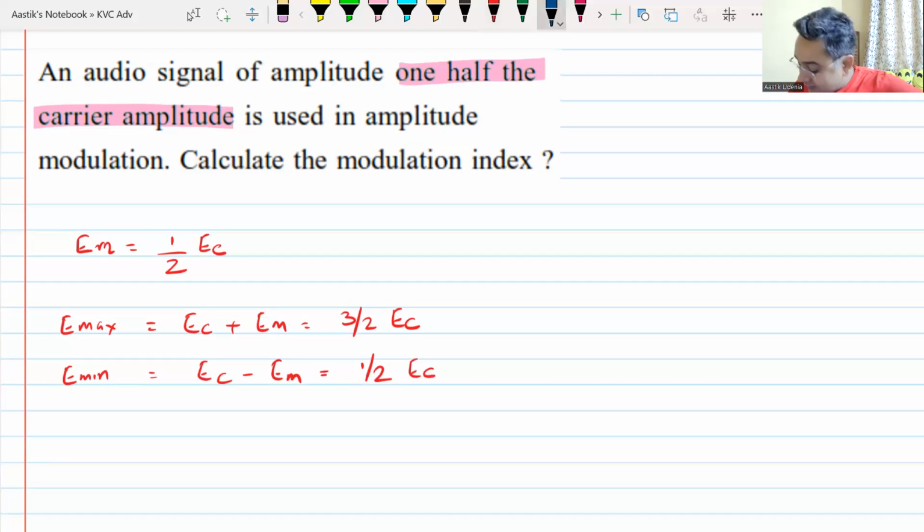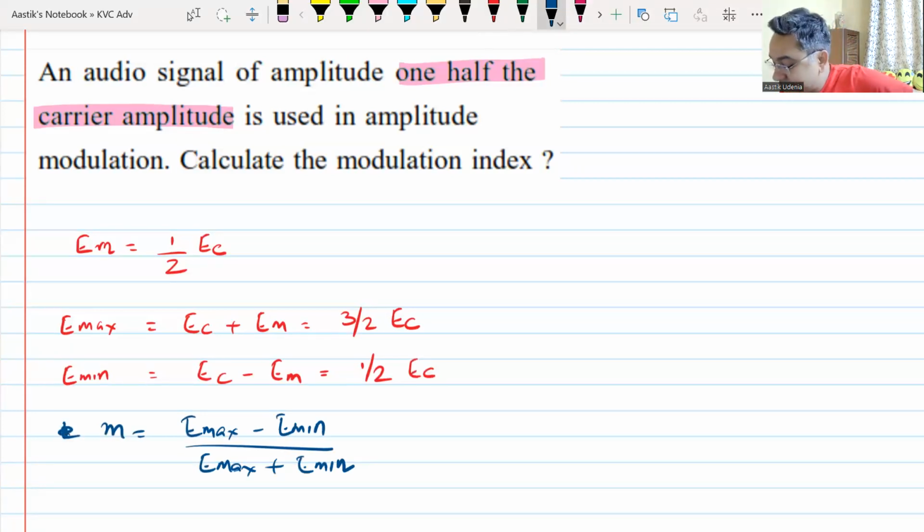The modulation index M is given as E max minus E min divided by E max plus E min. Yes or no? Yes, sir. And putting the values, I'll get the value as half.